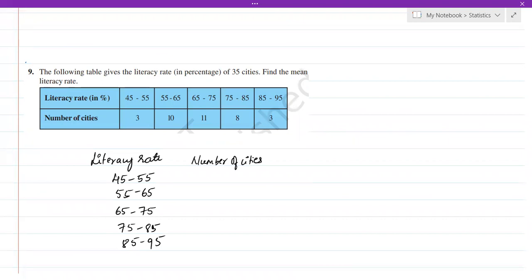Even this, let's do it by the assumed mean method itself, because xi is a bit large. 3, 10, 11, 8, 3. Okay, so here we have to find xi, then di, then fi di. So let's construct the table.